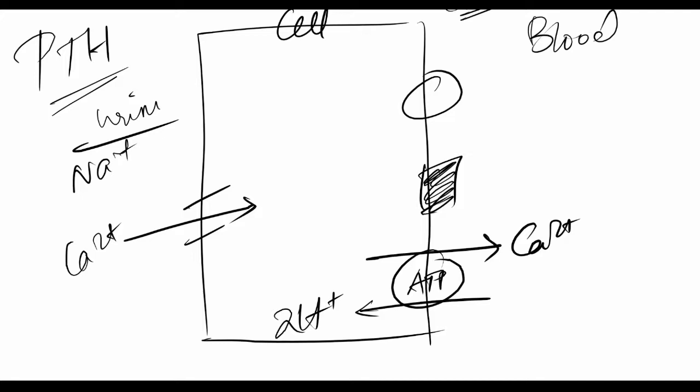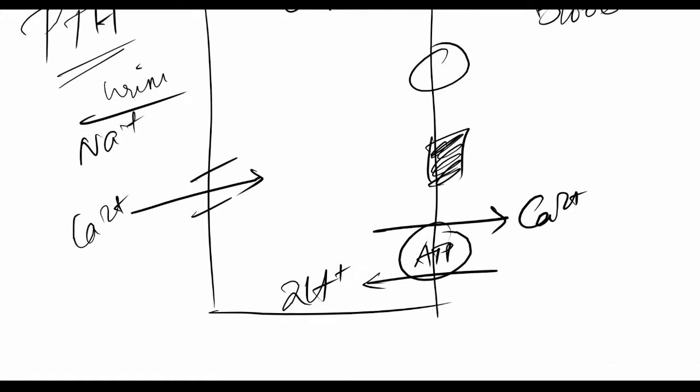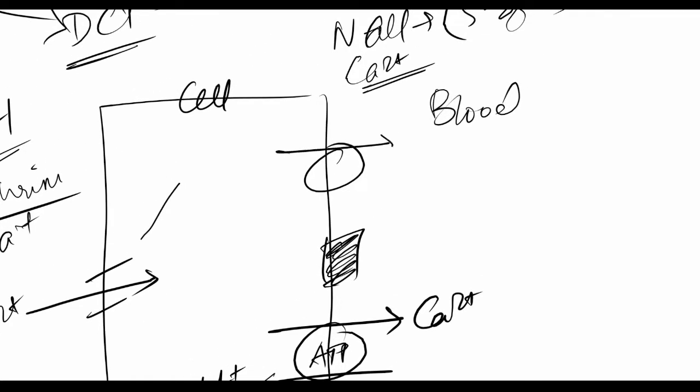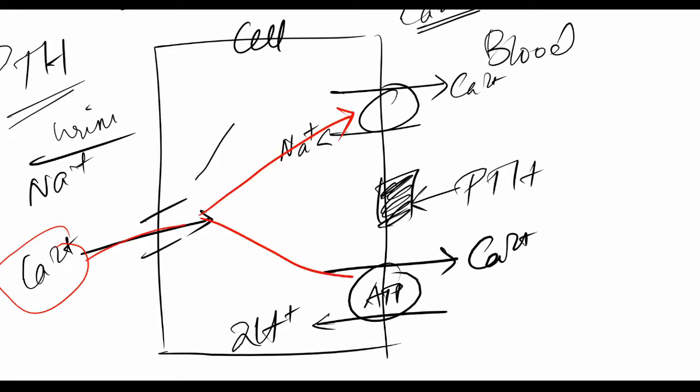The calcium ions can also be exchanged for sodium ions without the expenditure of ATP. So parathormone acting on the cell causes calcium to get into the cell, and then calcium is brought into the bloodstream by two mechanisms: exchange with sodium and exchange with hydrogen ion.